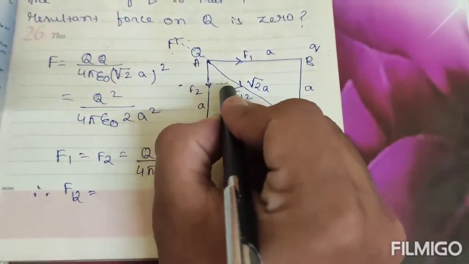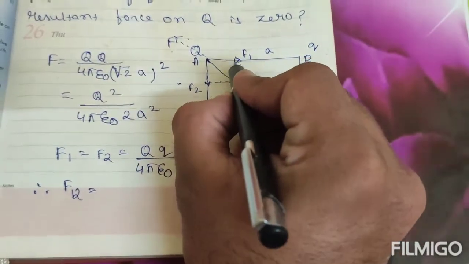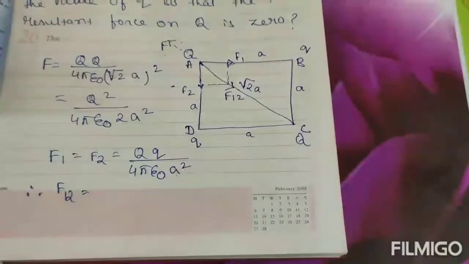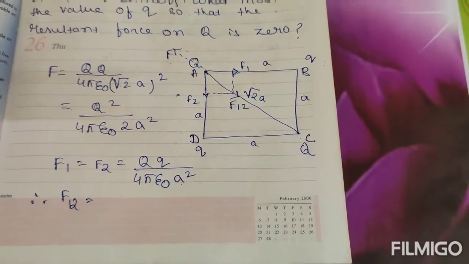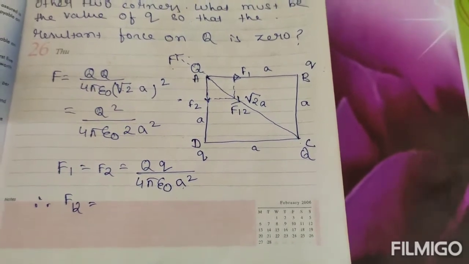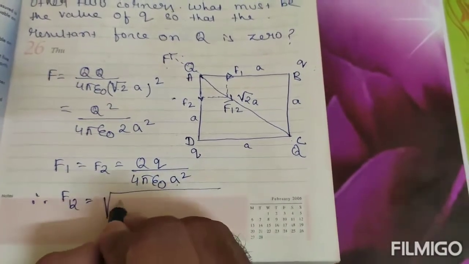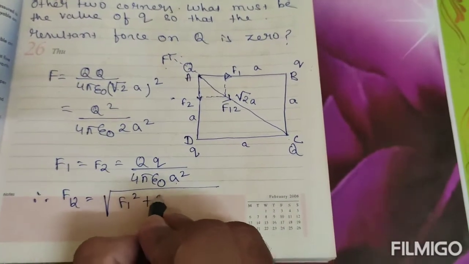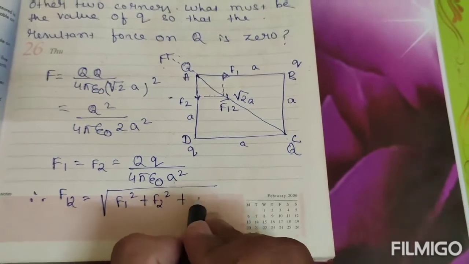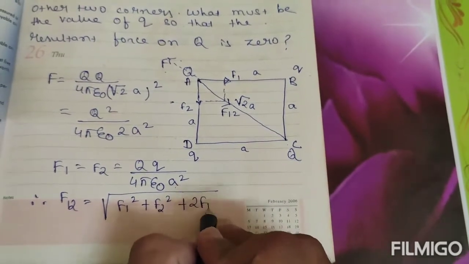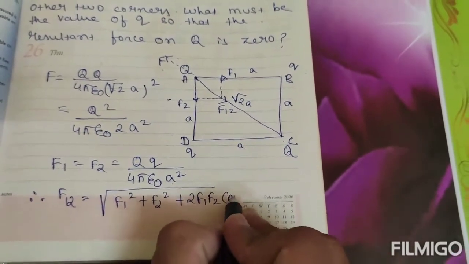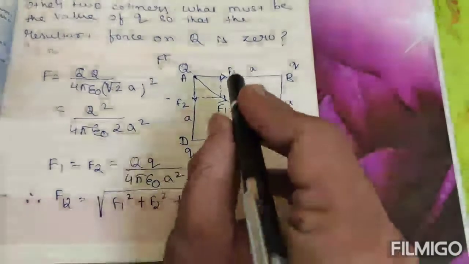You have to draw like this. This is the vector technique, you know it very well. Okay, so how can you find out the resultant? Formula is root over of F1 square plus F2 square plus 2 F1 F2 cos, as this is a square.